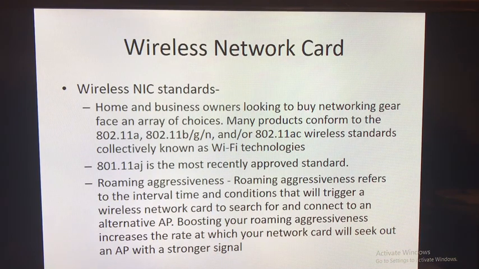Because what happens is if you have many wireless access points in a building, most of the time the wireless access points will not provide the same signal strength. So at this point, all the wireless appliances you have in the place will start looking for the wireless access point that provides a stronger signal.